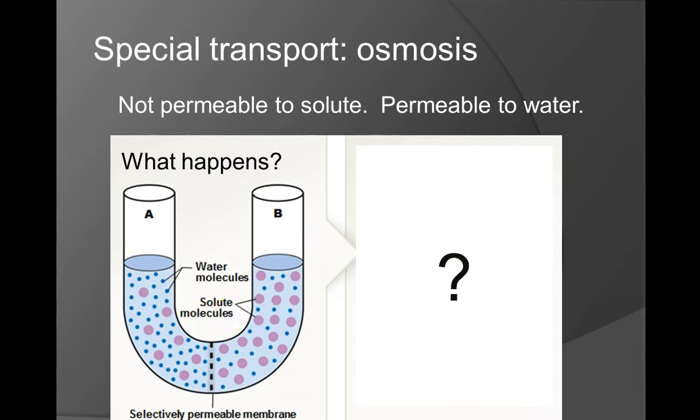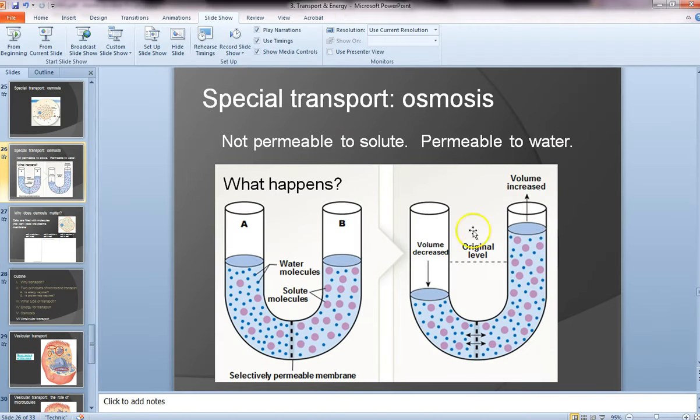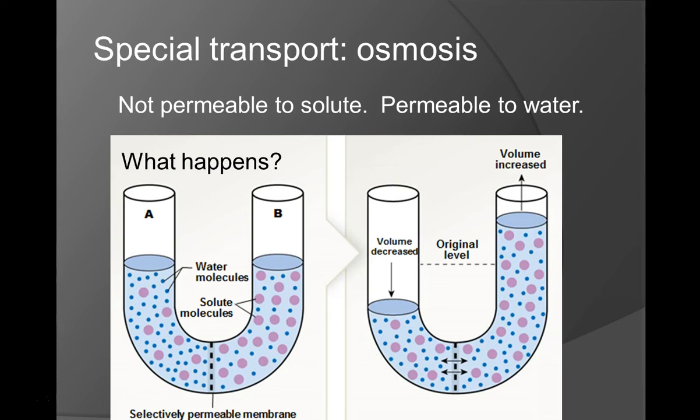Okay. So it turns out, and you can tell this by the spacing, these water molecules are packed tight together. There's more on A than on B. So if the solute can't move, water moves from its high to its low, and this is actually what's going to happen.